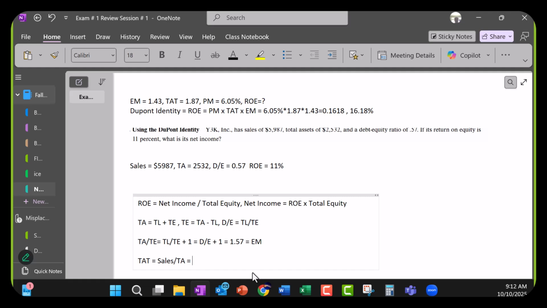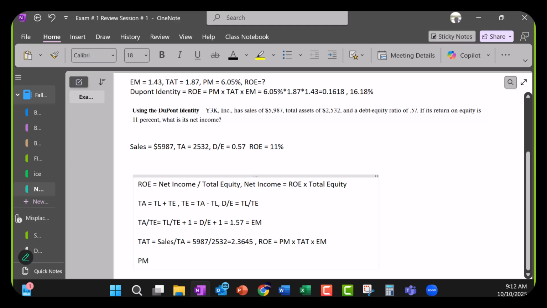By its definition. So it's 5987 divided by 2532. That's the number. Using DuPont's identity, remember ROE is PM times TAT times EM.